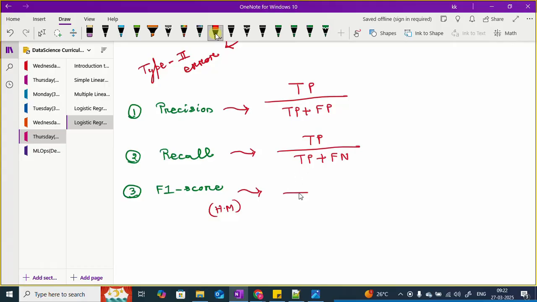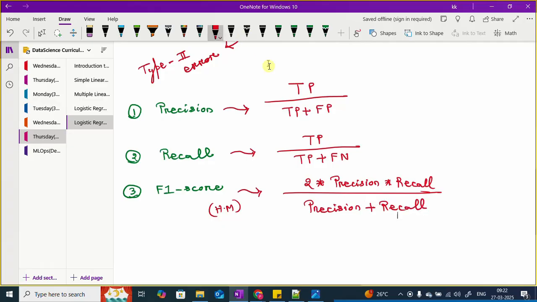So the formula of harmonic mean is nothing but 2 into precision into recall divided by precision plus recall.